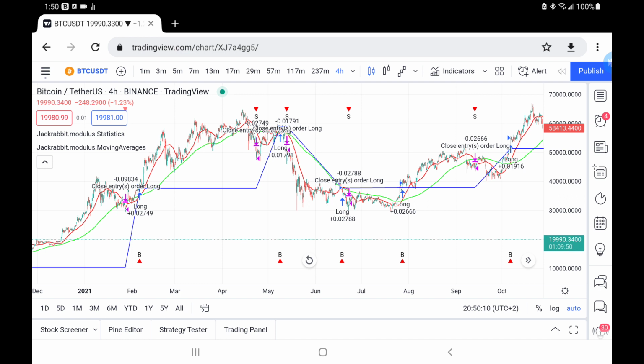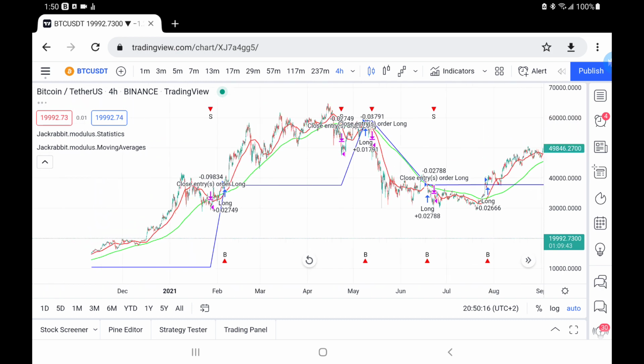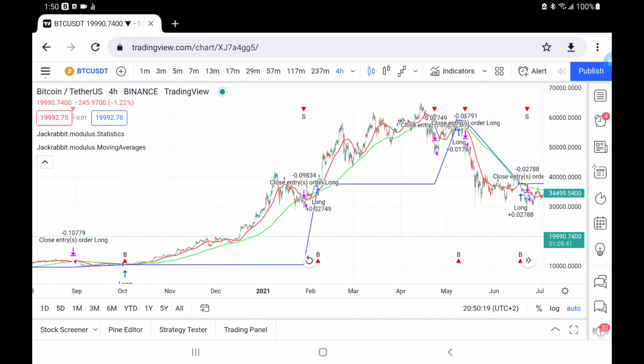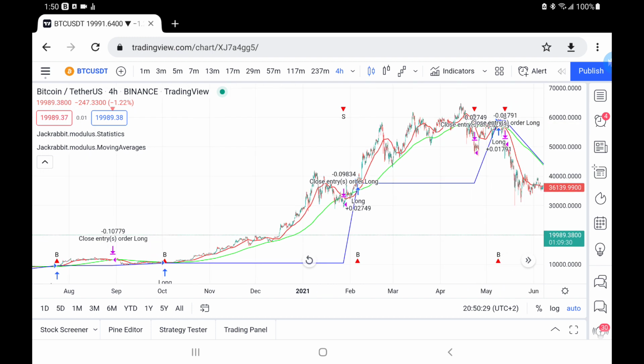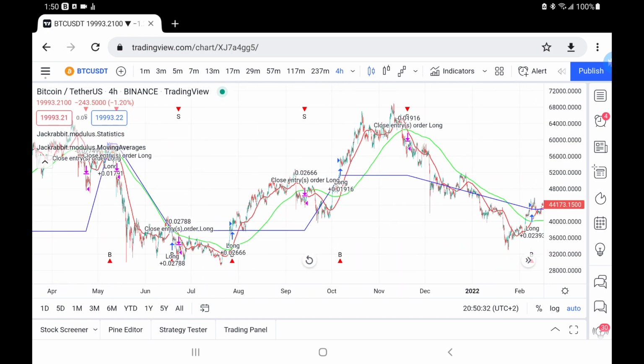There's actually no way of knowing either. So it becomes a situation of simply looking at the chart and seeing which way is going to outweigh the other. In fact, let's take a look at Bitcoin.